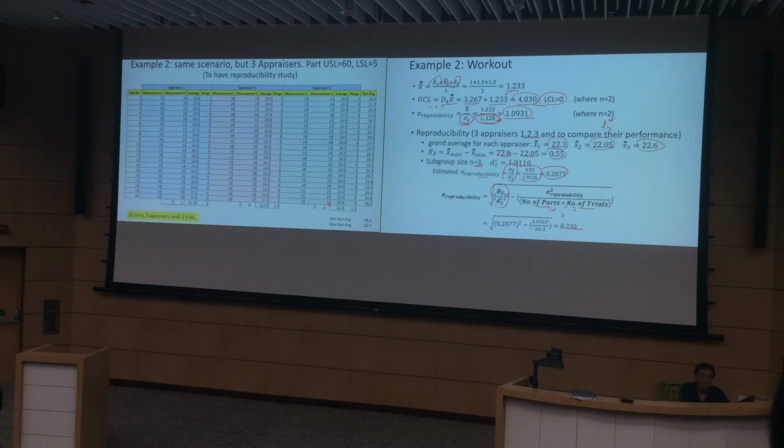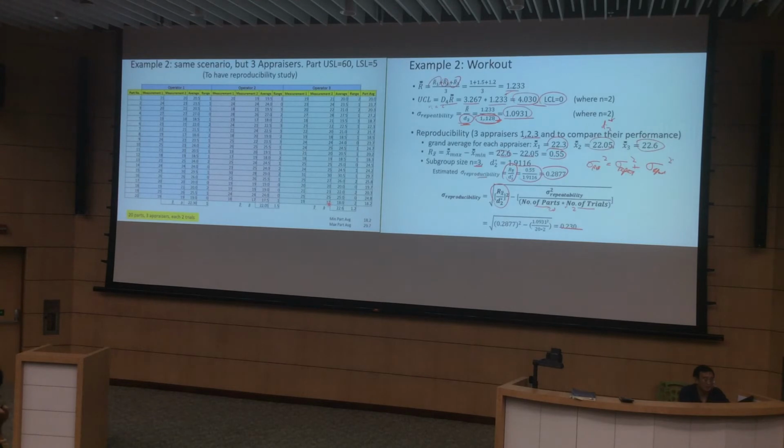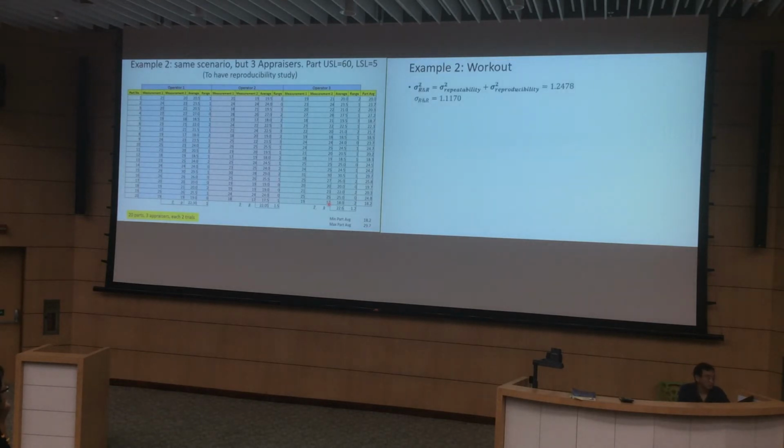Okay, this is the reproducibility. Once you have reproducibility, R and R squared is equal to repeatability squared plus reproducibility squared. We have this one, very easy. You can get the measurement system deviation.